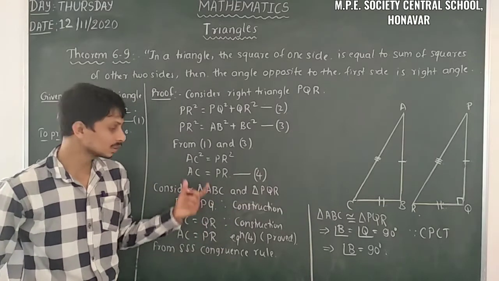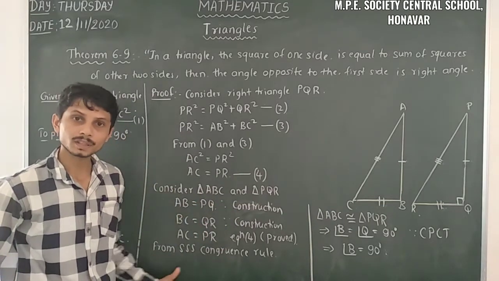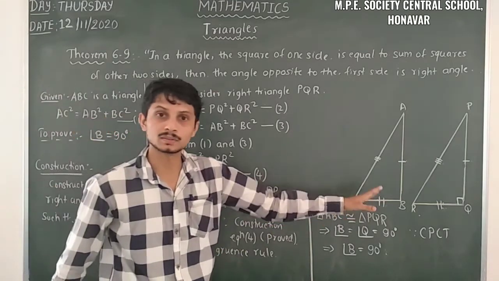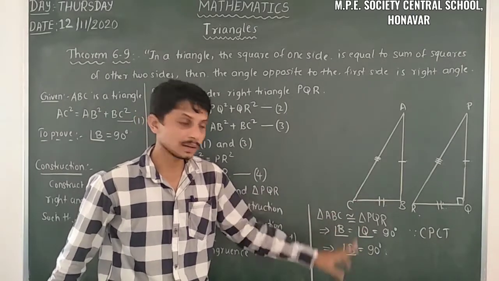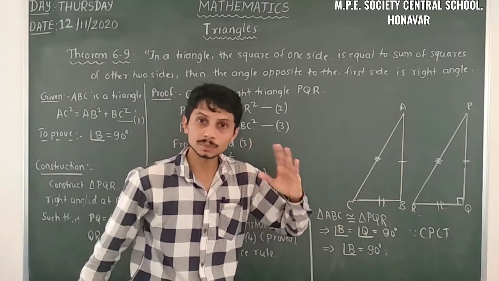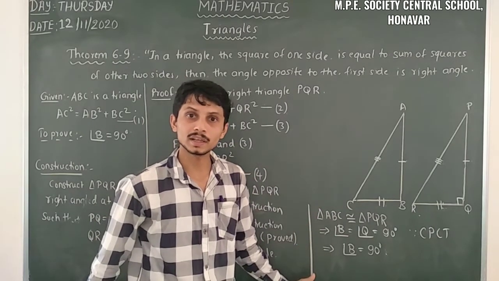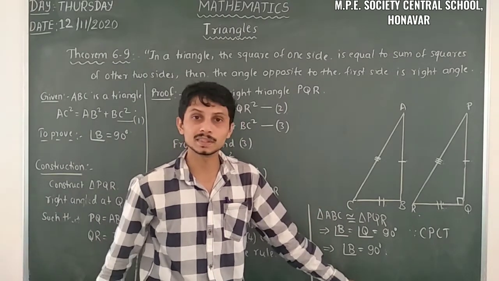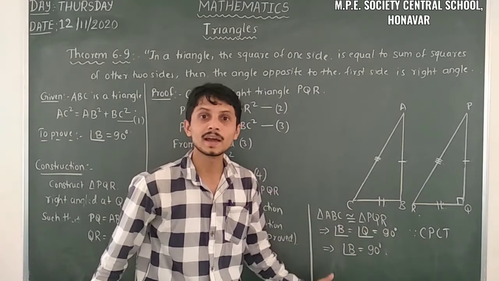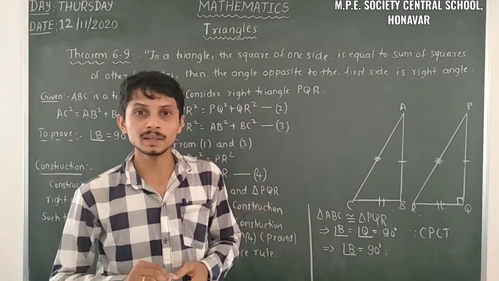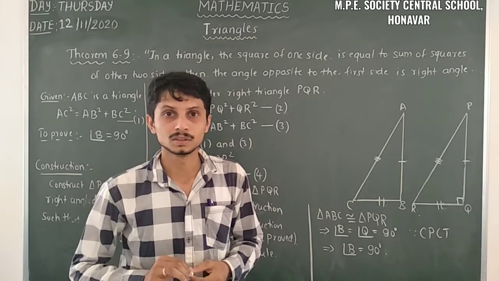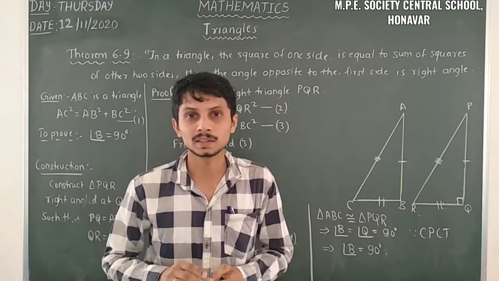From the SSS congruence rule, those two triangles are congruent, and the corresponding parts of congruent triangles are equal. So angle B is equal to angle Q is equal to 90 degrees. Here it is the converse of Pythagoras theorem.